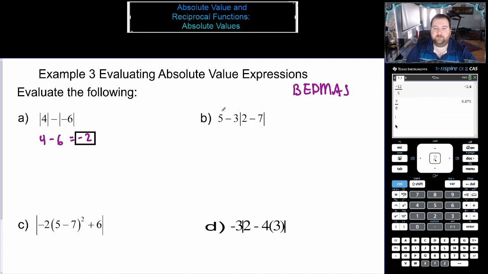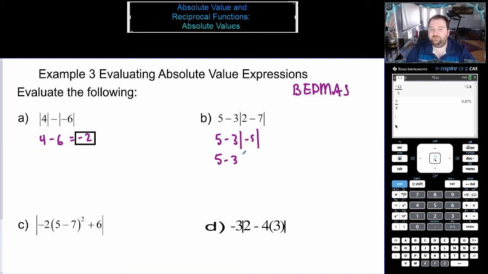So let's try this one. Okay, we're going to have 5 minus, we're going to deal with this first, right? So 3 times the absolute value of 2 minus 7. We're doing what's inside. You can treat these like brackets. 2 minus 7 is going to be negative 5. So then we're going to have 5 minus 3 times the absolute value of negative 5.